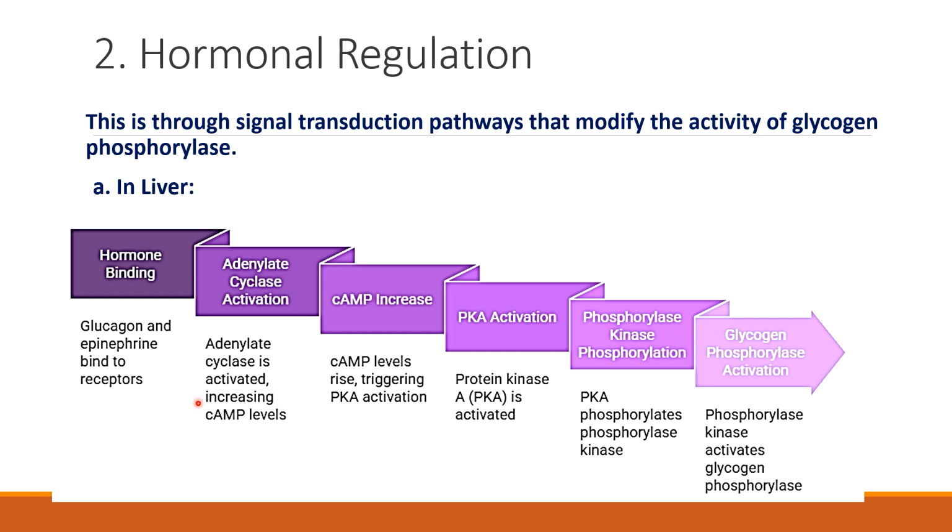So these are the sequence of things which take place. So once again, glucagon or epinephrine activate cyclic AMP formation. Next, protein kinase A. Next, phosphorylase kinase, which in turn phosphorylates glycogen phosphorylase B into its active form, glycogen phosphorylase A.